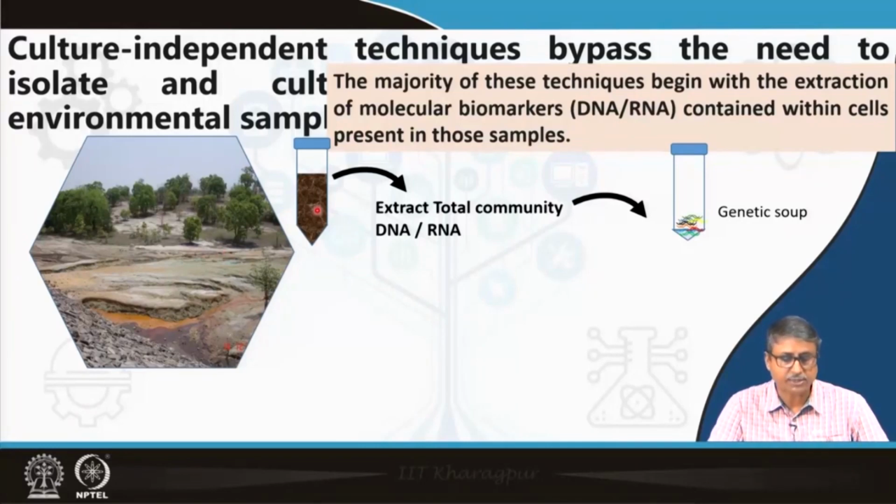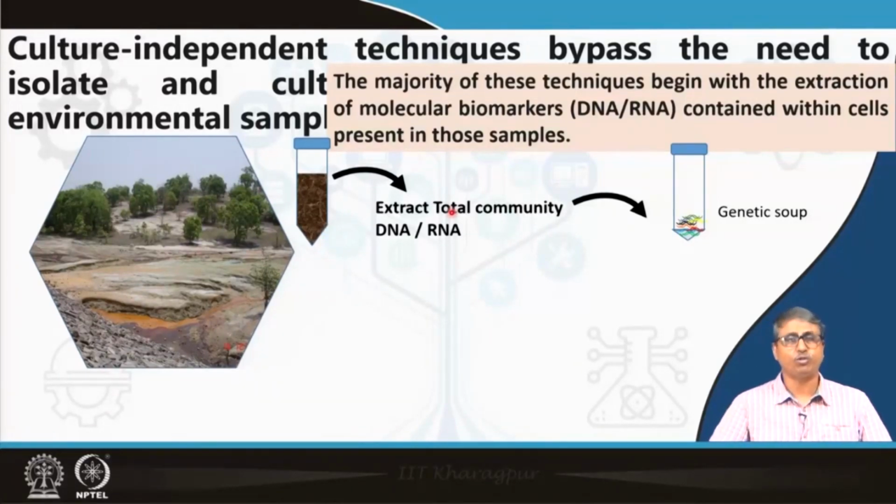So, if we have a sample with, let us say, 1000 or 4000 different species, and each species having 10 or 20 or 50 cells, it is altogether maybe 5 lakh cells, or maybe a little more or less. So, we expect that all cells are broken, lysed, and their DNA or RNA is available to us. That is called the extraction of the total DNA.